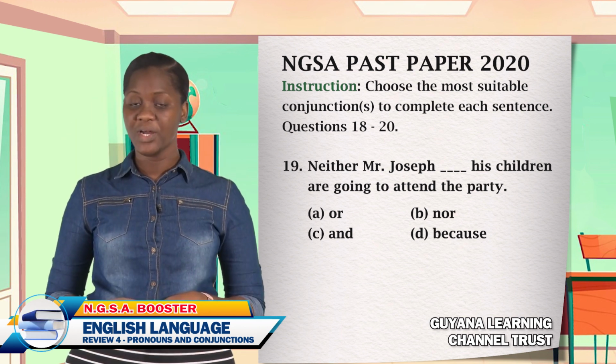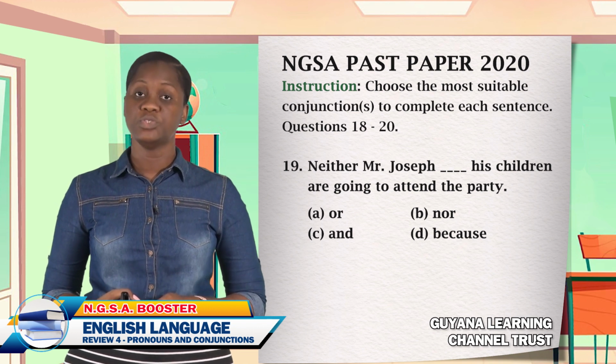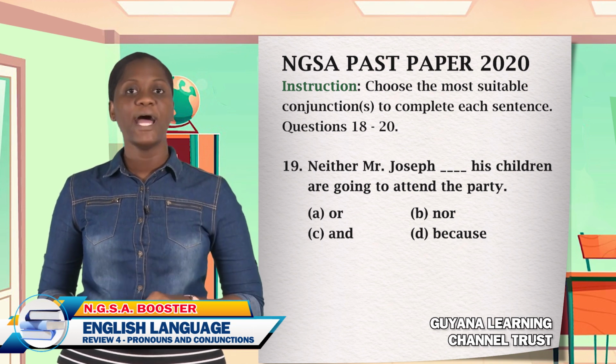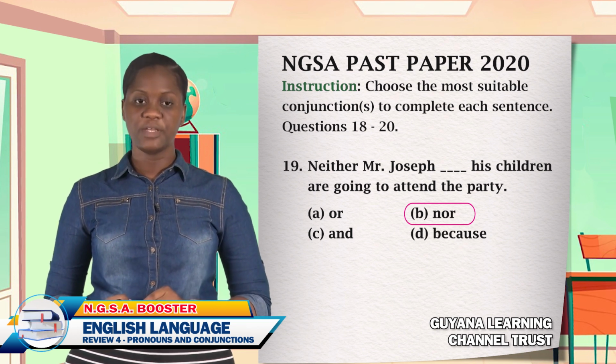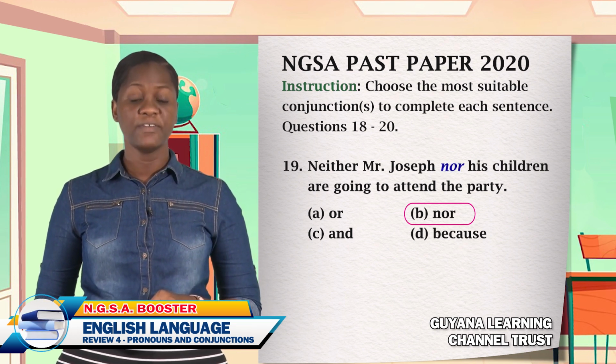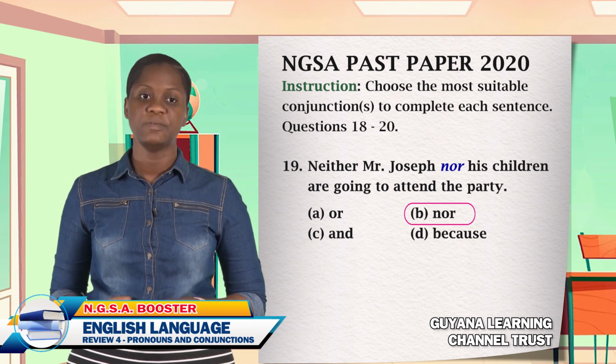I know for sure that you're thinking along the lines of B, since we usually say neither nor and either or. So the answer would read, "Neither Mr. Joseph nor his children are going to attend the party."